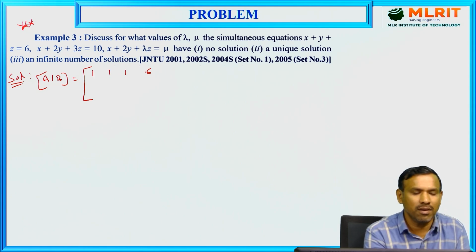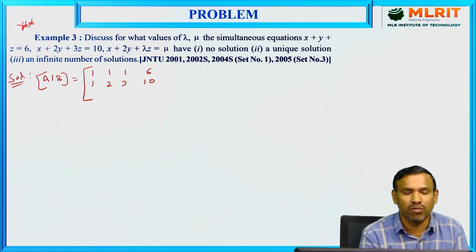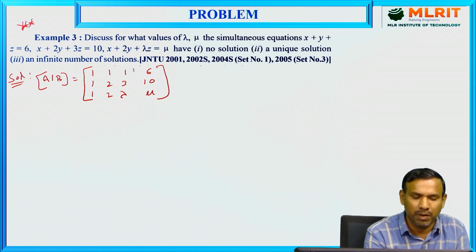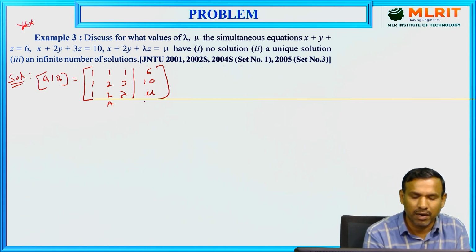Second equation x plus 2y plus 3z is equal to 10 means 1, 2, 3, 10. And I am writing the RHS also in the same matrix. Third, x plus 2y plus lambda z is equal to mu, coefficients 1, 2, lambda, mu. So this is the augmented matrix.